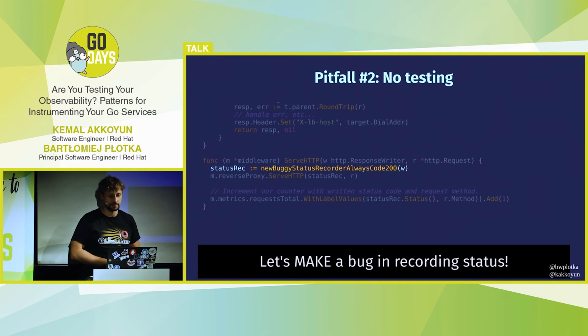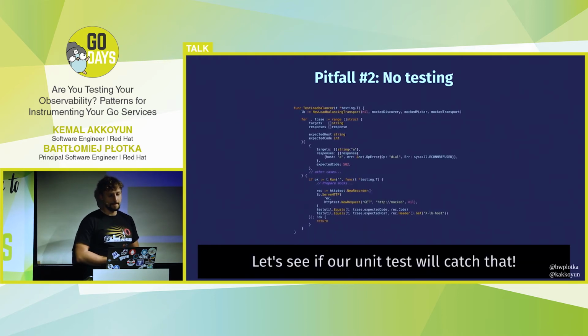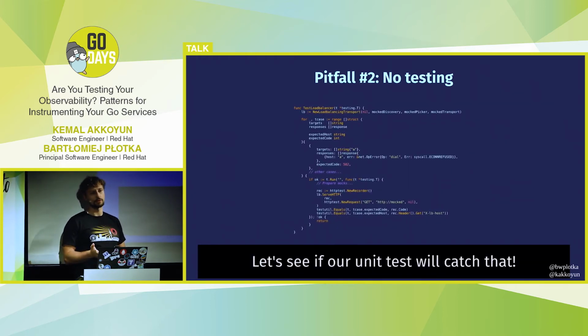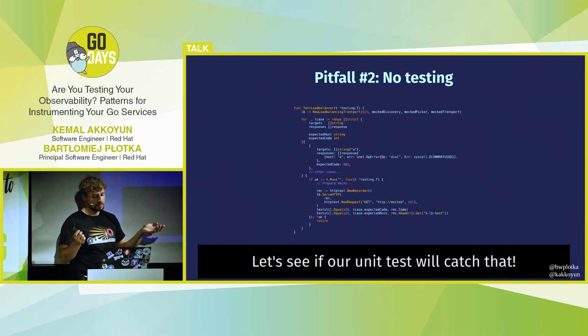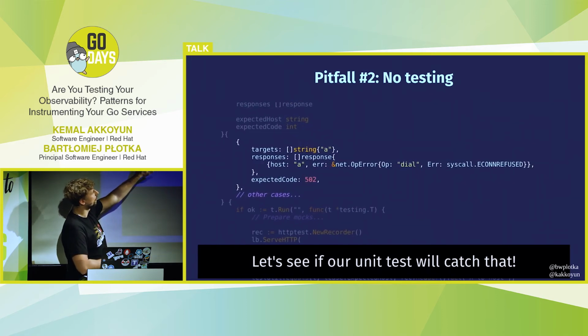And let's see what the consequences of it are. First of all, let's see if the existing tests are catching this. We are testing our application, so we obviously have tests for load balancing, and let's go through this.